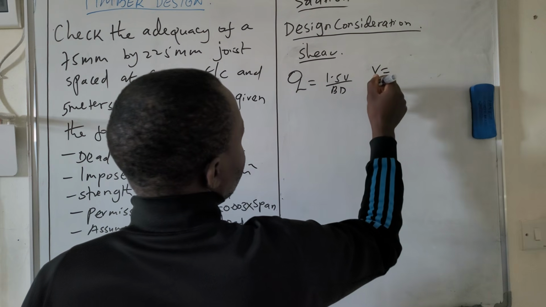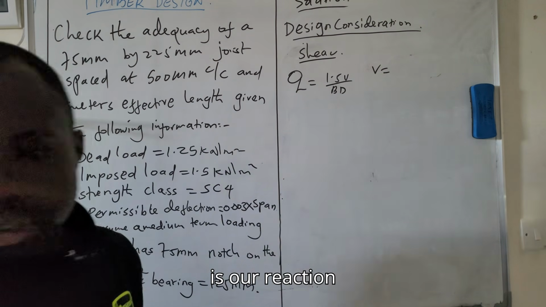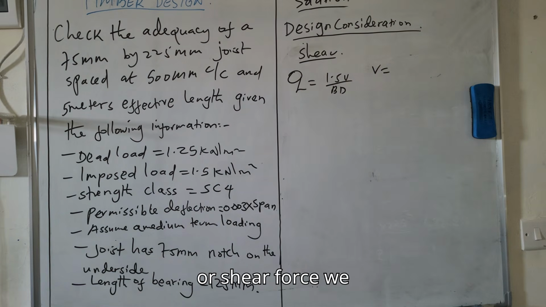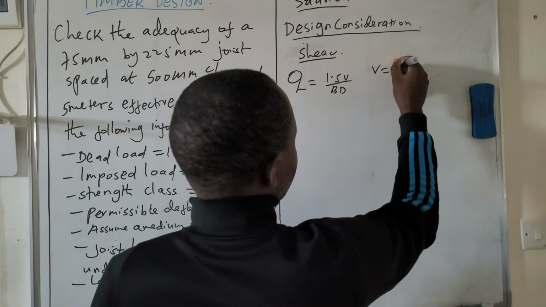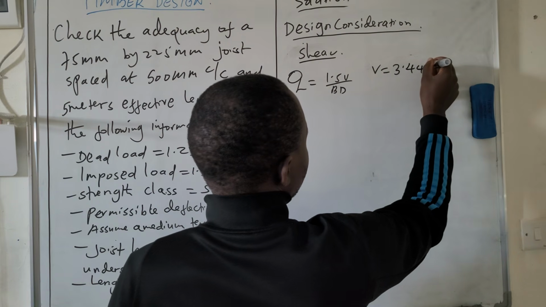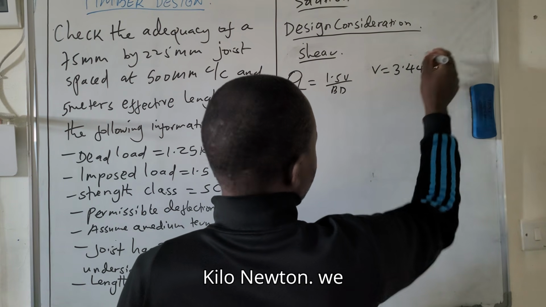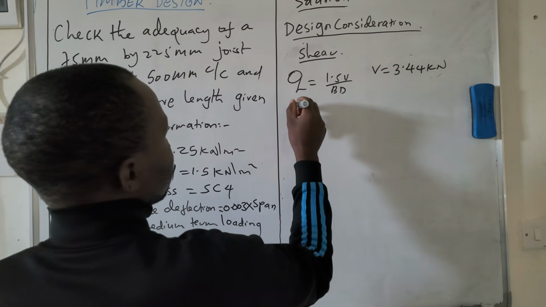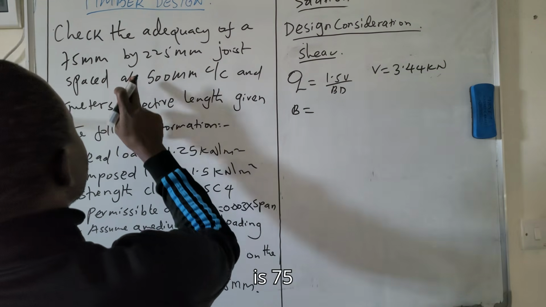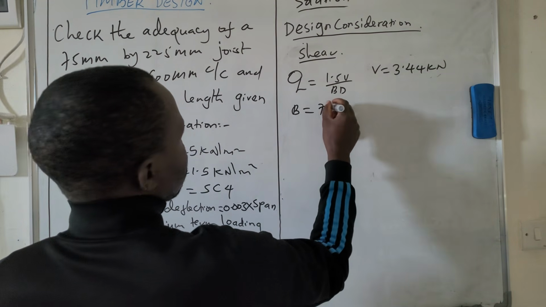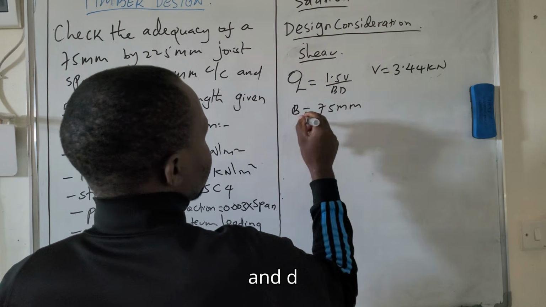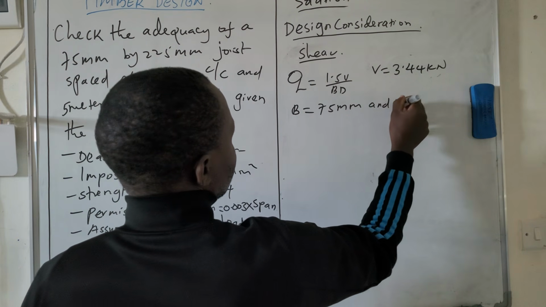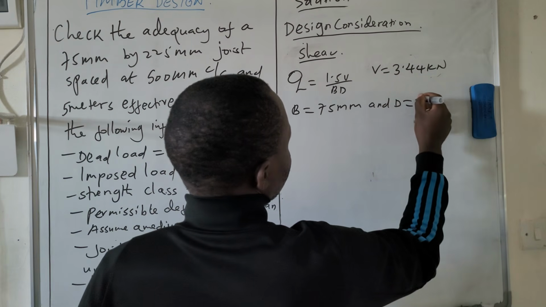So V is our reaction or shear force we calculated earlier. V is equal to 3.44 kilonewton. We calculated this earlier. And then B is 75, and the D is equal to 225.